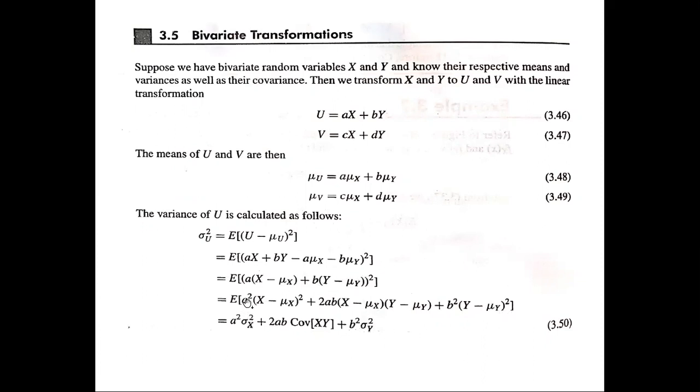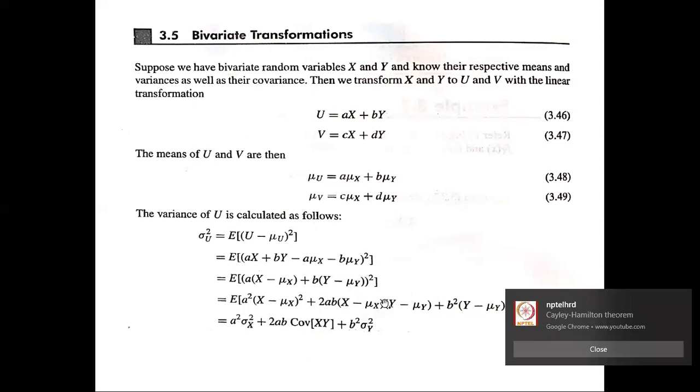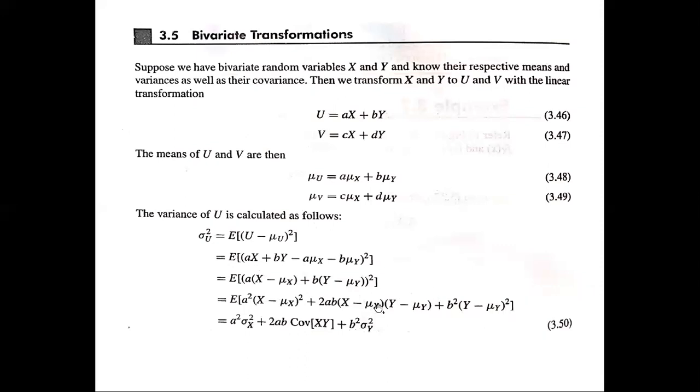Then we can take this expectation inside for each one of these. Expectation of x minus mu x whole squared will be nothing but the variance of x, that is sigma x squared. Similarly, the expectation of these two terms over here will be the covariance of xy, 2ab remaining as it is.